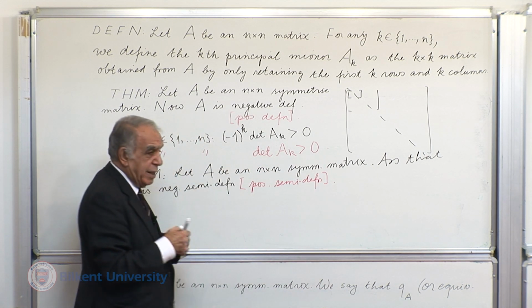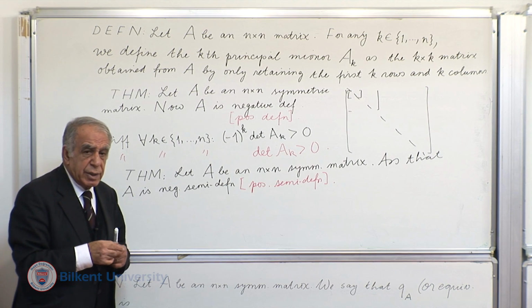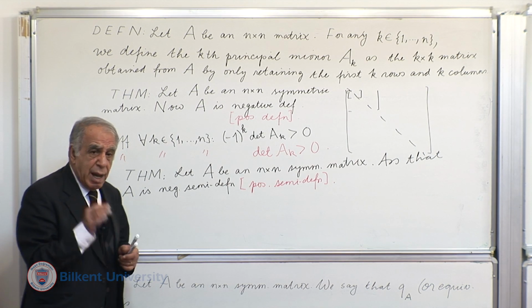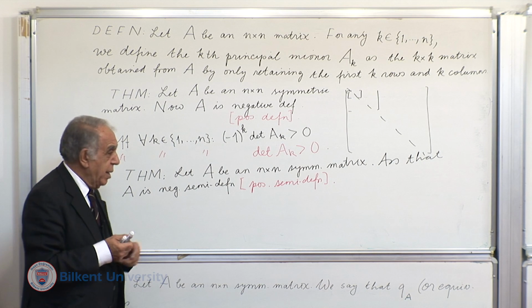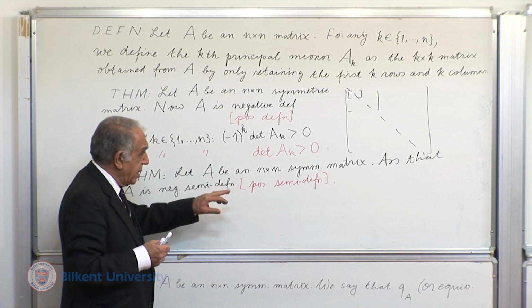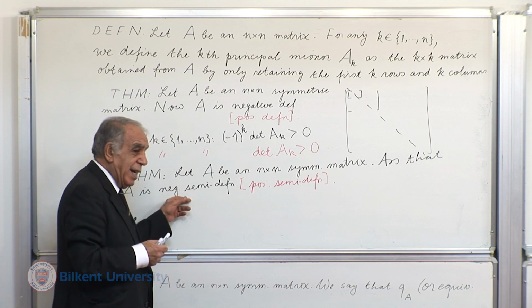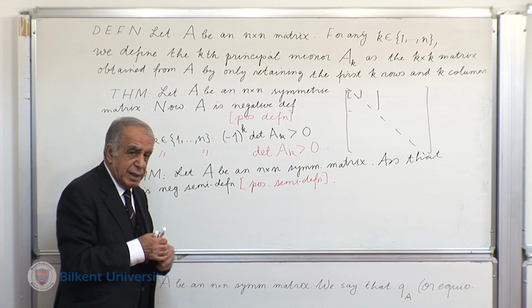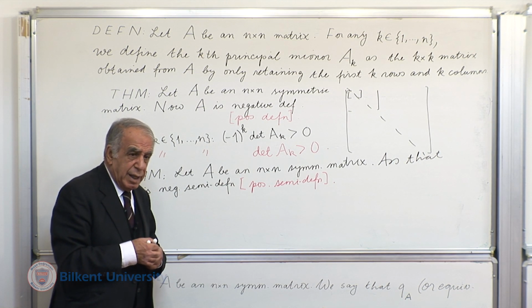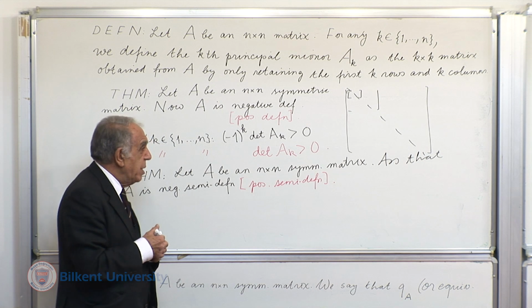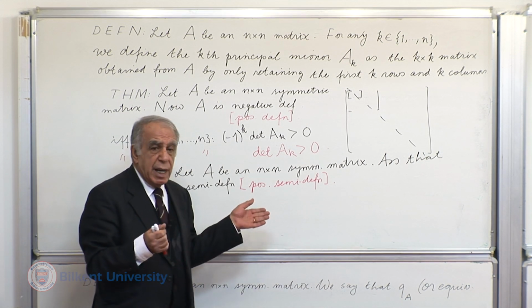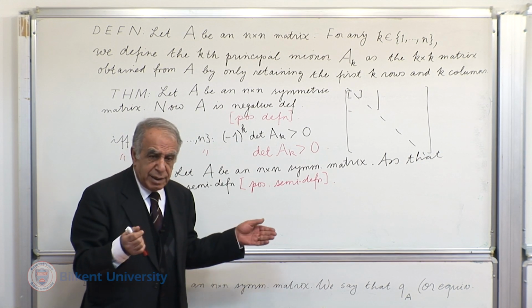If we have this information, the question now is, can we check easily whether A is, in the first case, negative definite, and in the second case, positive definite? That will turn out to be equivalent to the matrix A being non-singular.